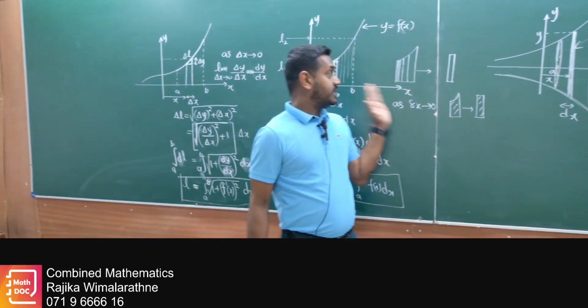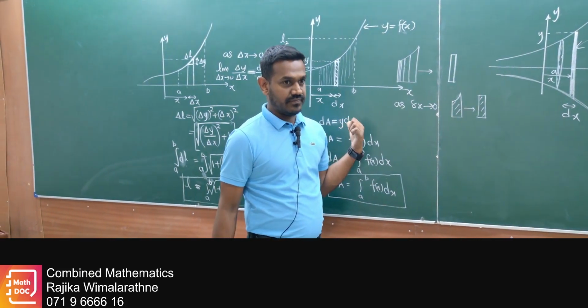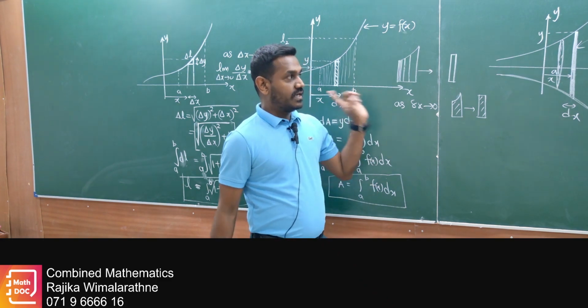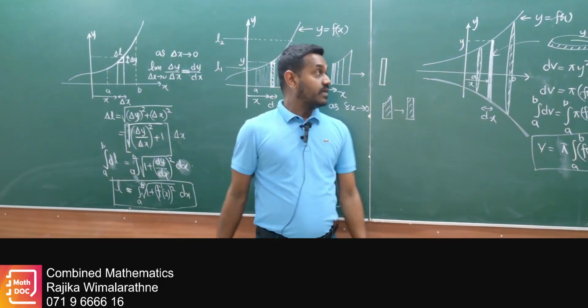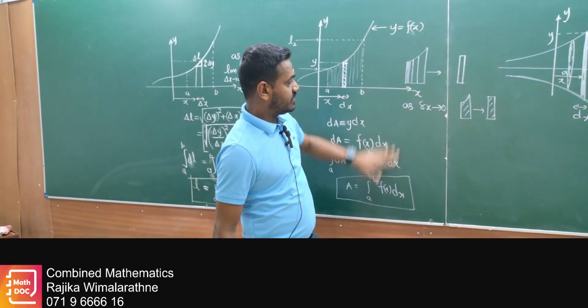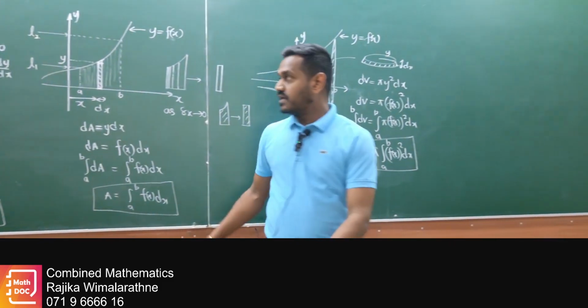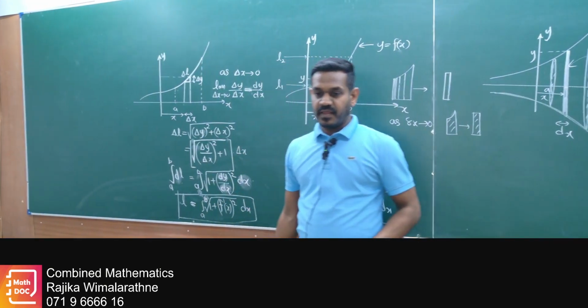Anyway, this area and volume thing is definitely in your A-level examination. That is the definition of finding area, finding volume, and finding length. First you write this relation, then you go to here, then here, and finally get the last one. Okay, write it down.